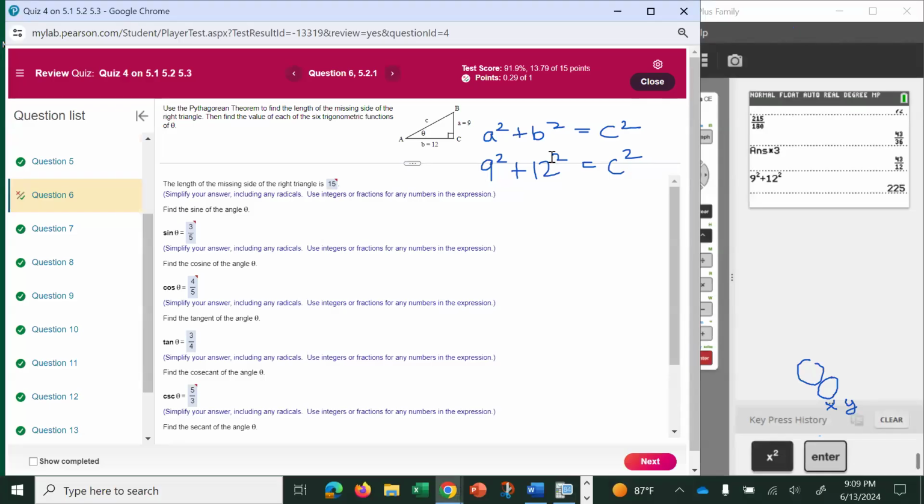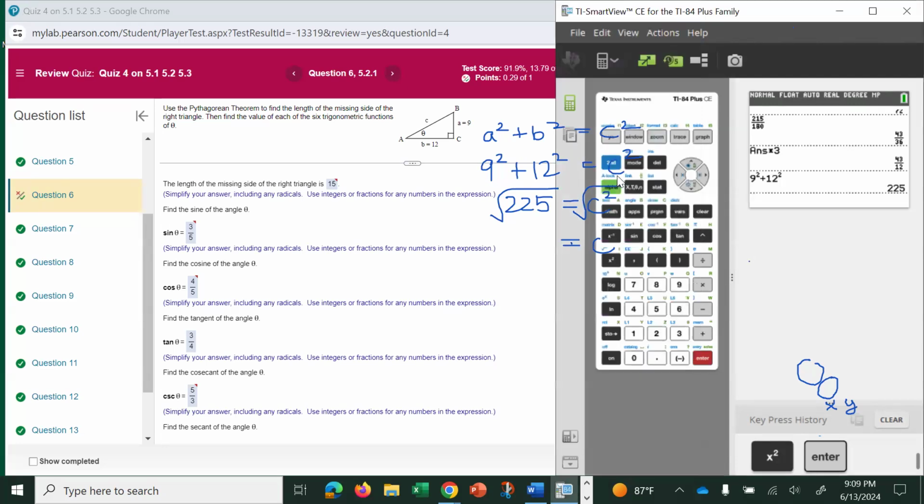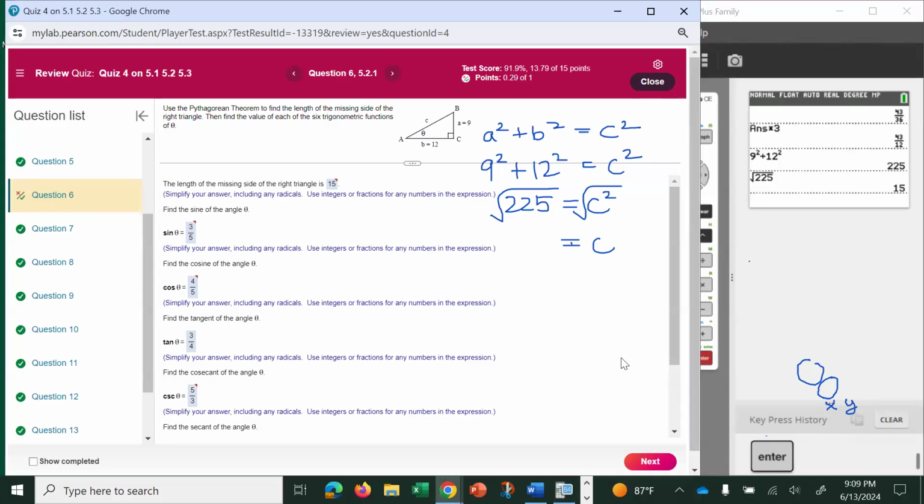I apologize, and I bet some people have noticed, but the one downfall of online classes is when students see me make mistakes on the board, they can catch me, but you guys can't tell me directly in time. So if we take the square root of 225, that's going to give us 15. Okay, that works out much better. I'm still curious how I got 93.